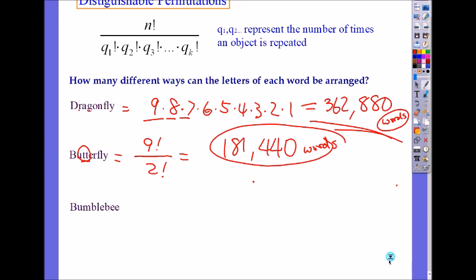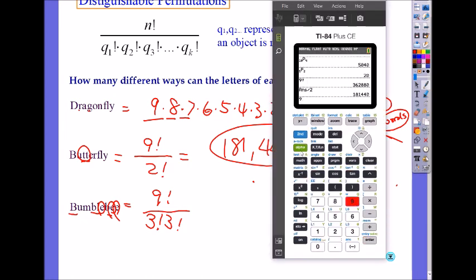What about bumblebee? It's 9 letters again, divided by, is there any letter repeated? B, B, B. So now you divide by 3 factorial. E, E, E, 3 factorial. Is there anything else? No. So this time you do 9 factorial divided by, what's 3 factorial, guys? 3 times 2 times 1. So this is 6, and this is also 6.